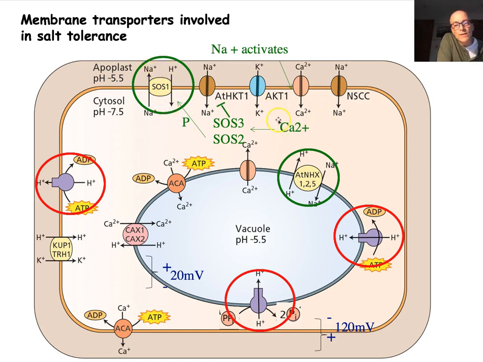So that is one of the cellular pathways that are set in motion using all of these transporters by changing the activity through activation and deactivation of certain transporters. In order for that to be possible, of course, we need these transporters here, these ATPases, that allow for the maintenance of this gradient, right?